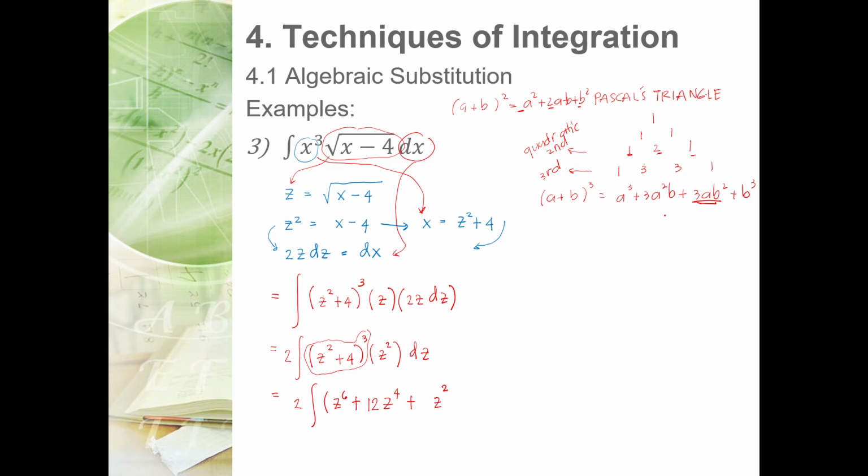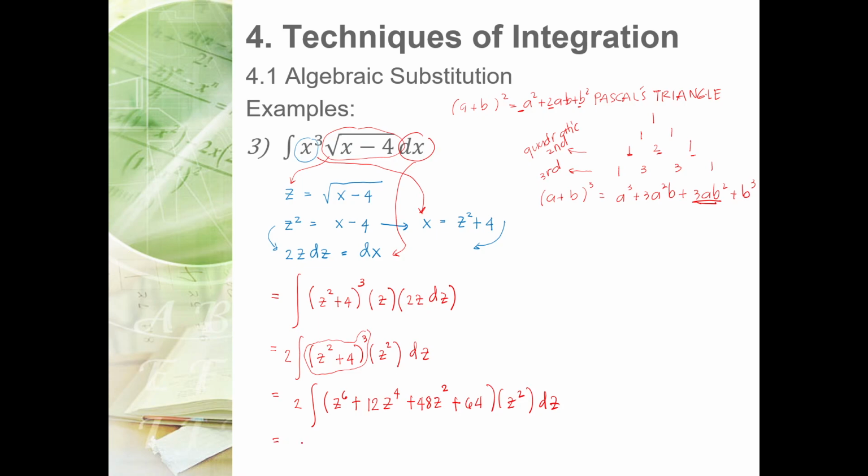But for the coefficient, 4 squared is 16 times 3. This would give us 48 z squared. And lastly is b cubed. 4 cubed, that would be 64. And then times z squared dz.